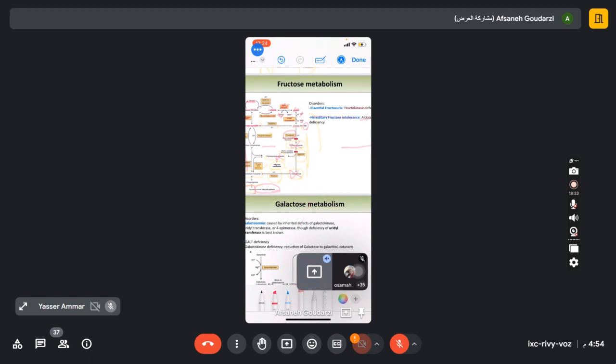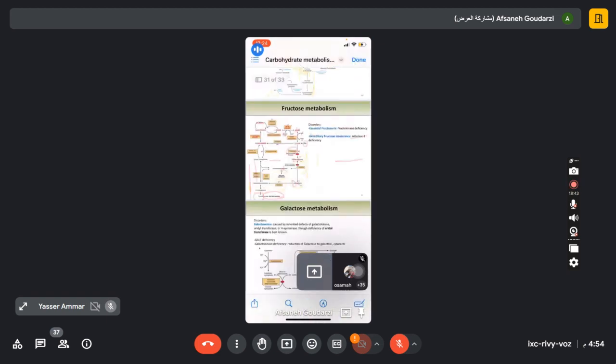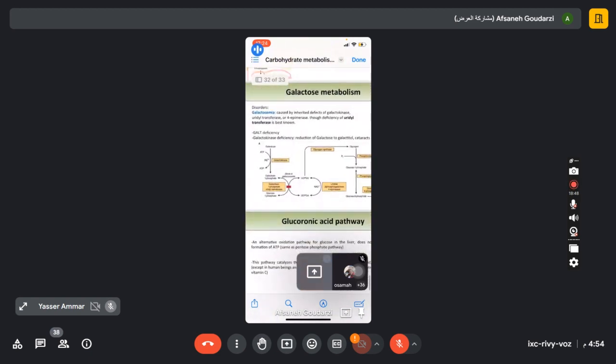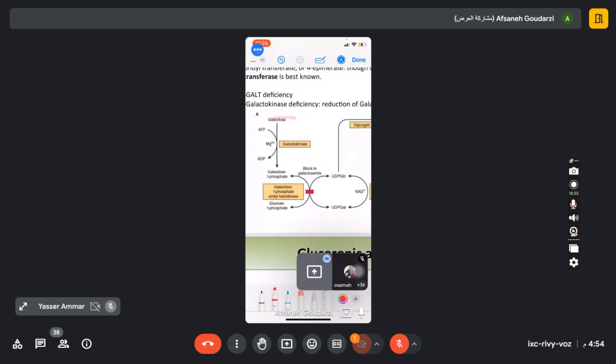Now I want to talk about galactose metabolism. If you look here, we start with galactose. The first enzyme is galactokinase. This enzyme, using ATP, can phosphorylate galactose to galactose 1 phosphate.